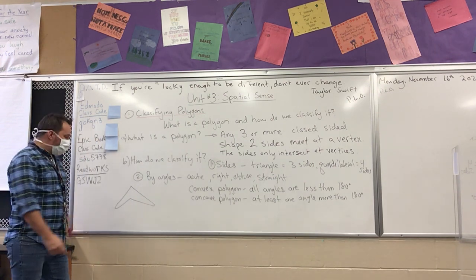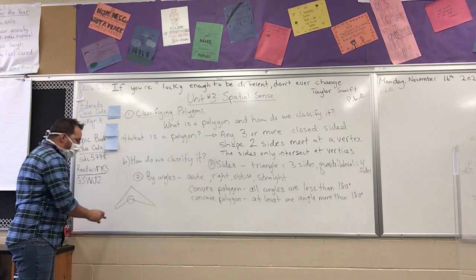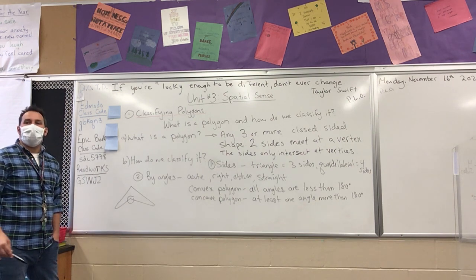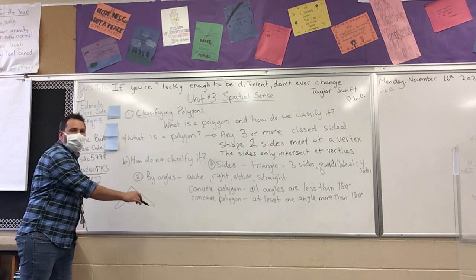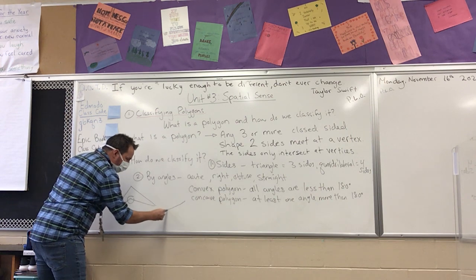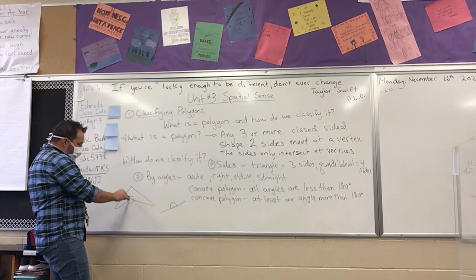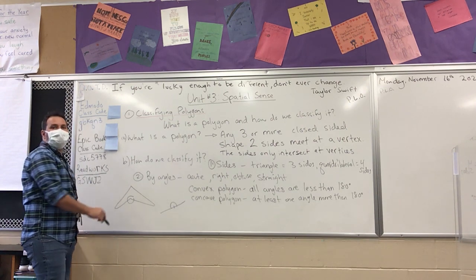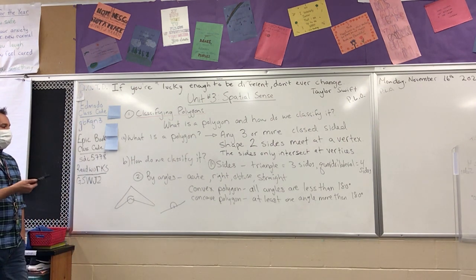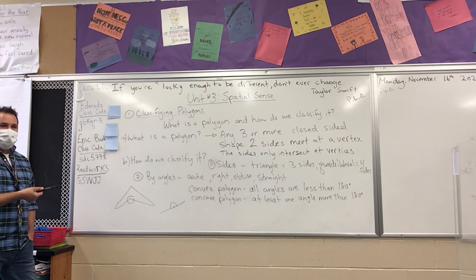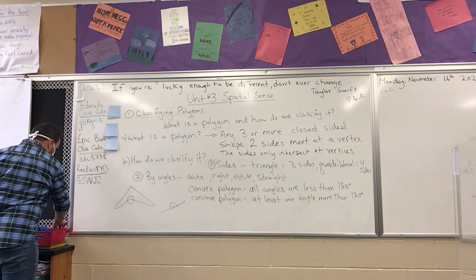Right? This angle here is a concave angle. It's more than 180, because we know 180 is a straight angle, right? So this one here is more than that. So this becomes a concave polygon, okay?